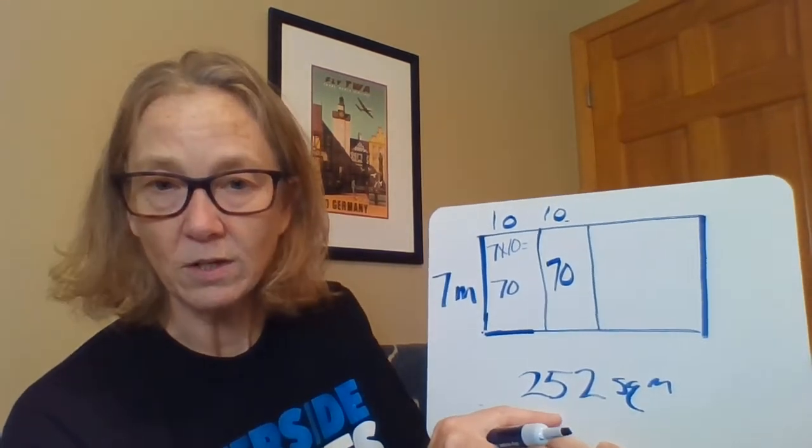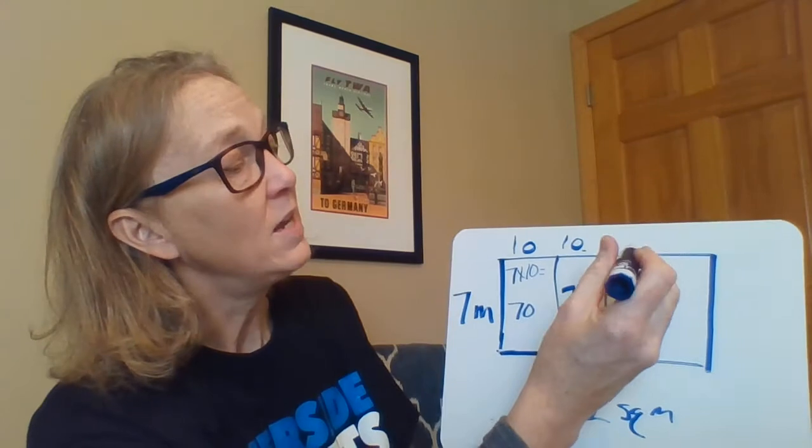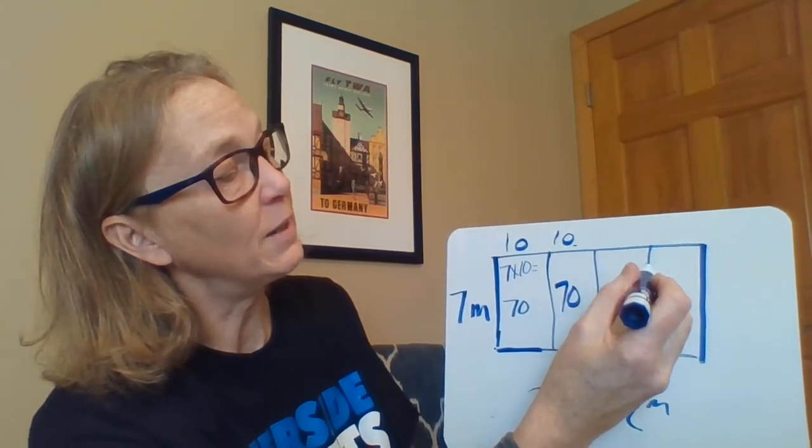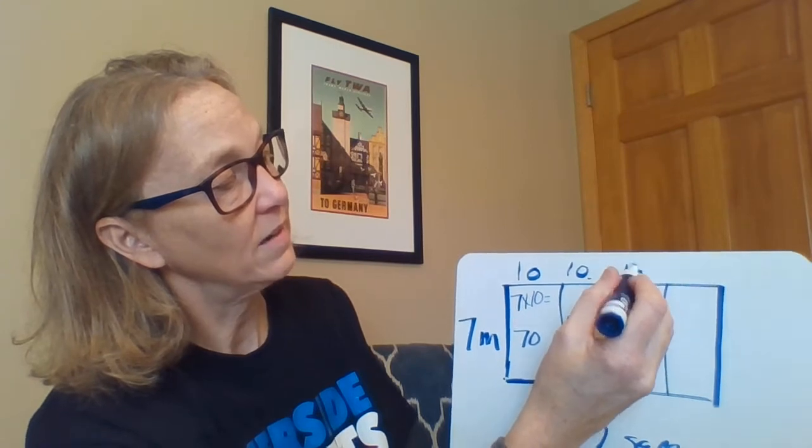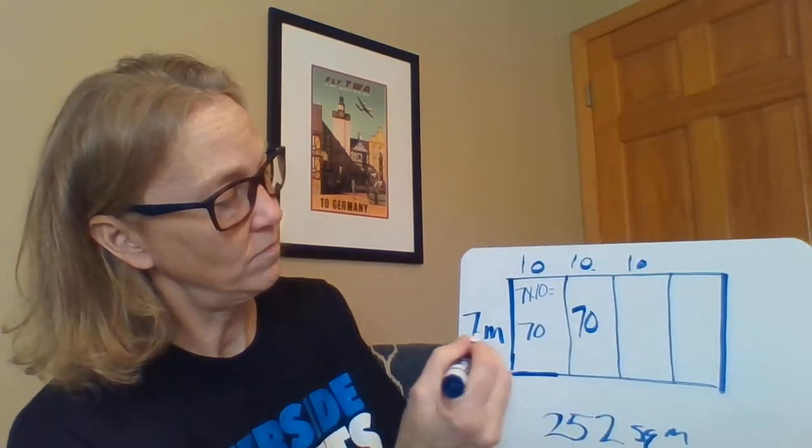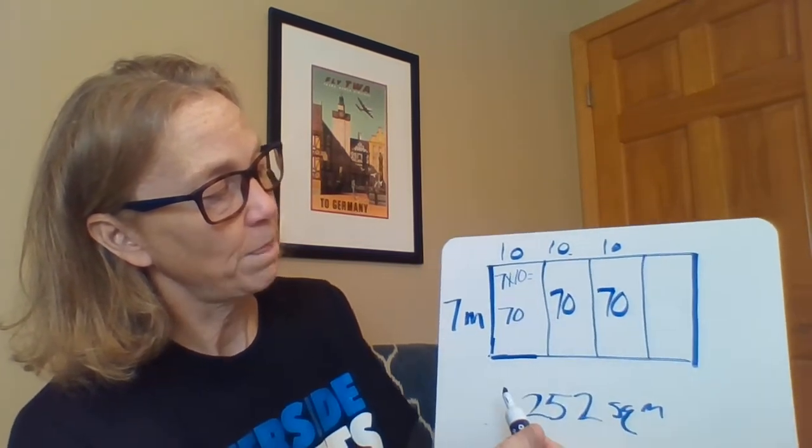Well, I'm getting closer, but I still have a little ways to go. So I'm going to go ahead and divide it up again into 10. So again, I have a 7 by 10, which will again get me up to 70.